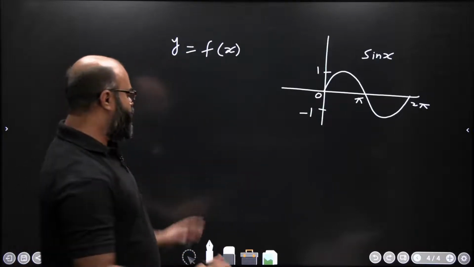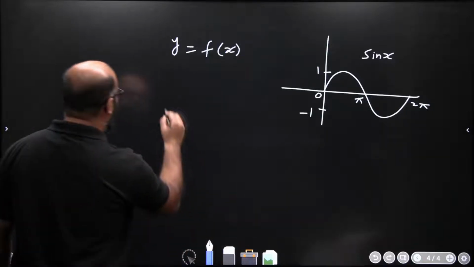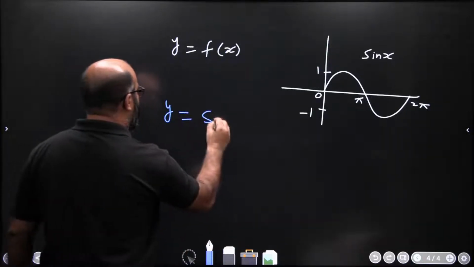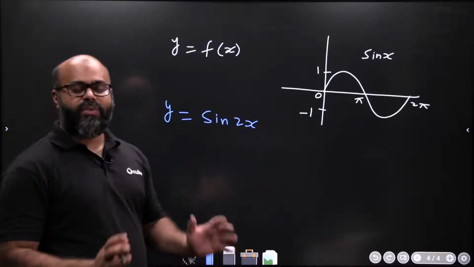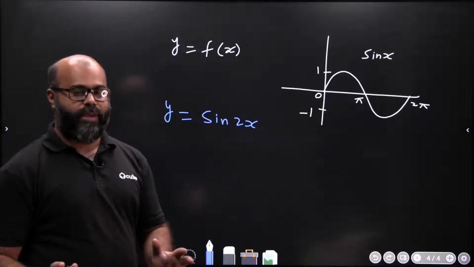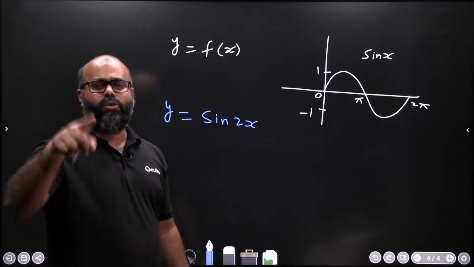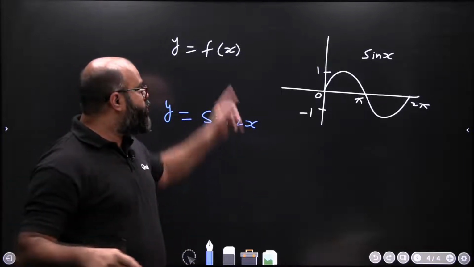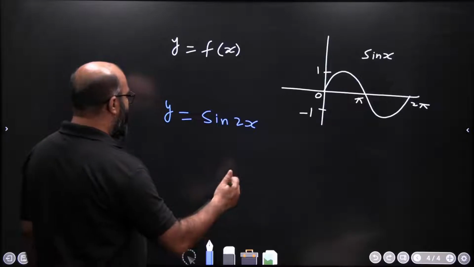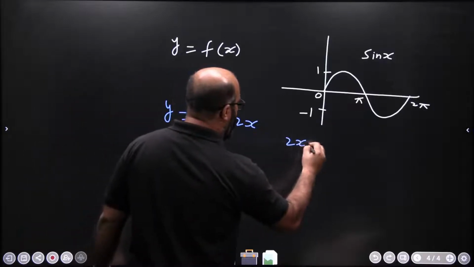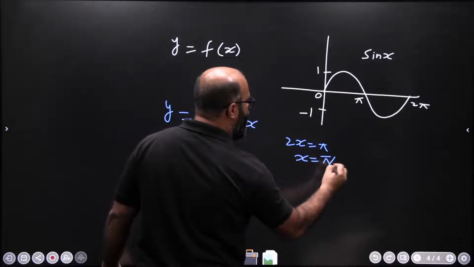Now if you write the equation y is equal to sin 2x, what would happen to it? As we were doing earlier, here also we will do the same thing. What you have done is multiplied the input by 2, not the output, not sin x, but x, which is the input. So if 2x is equal to pi, then x is equal to pi by 2.